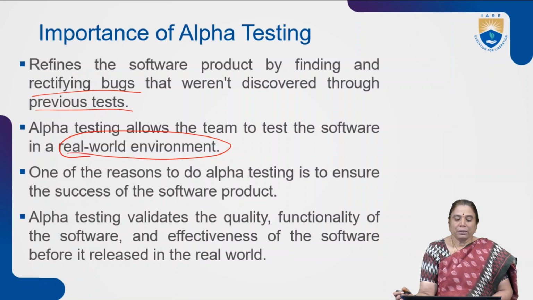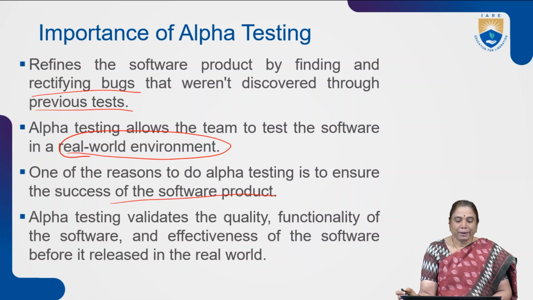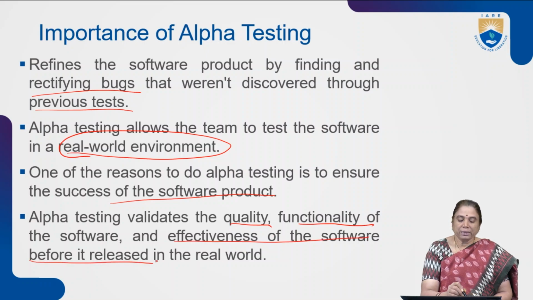One of the reasons to do alpha testing is to ensure the success of the software product. Alpha testing validates the quality, functionality and effectiveness of the software before it is released to the real world.